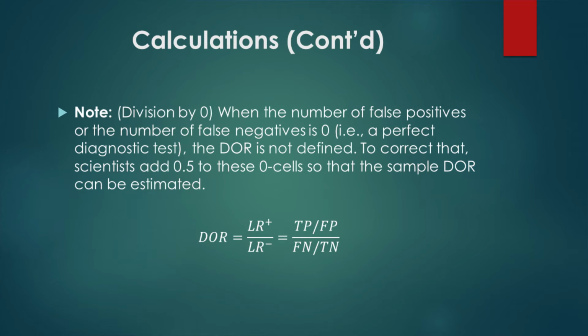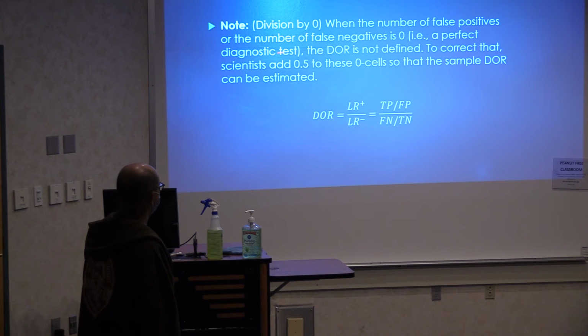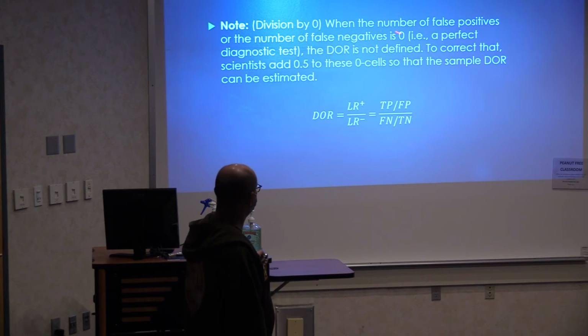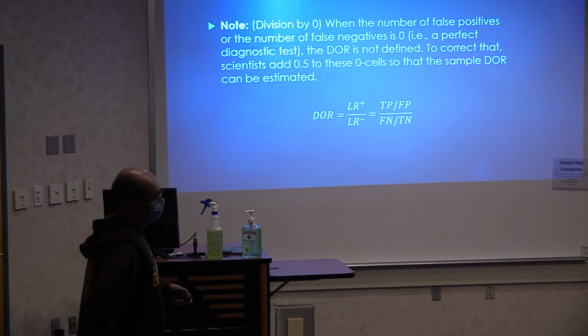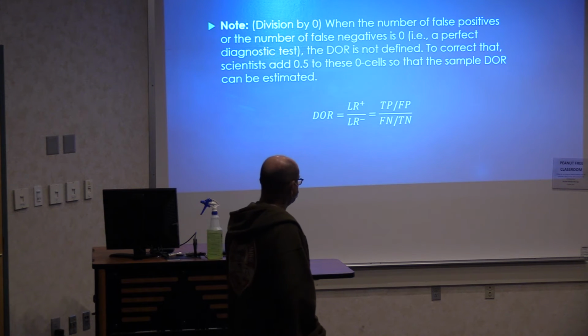Division by 0 could be tricky, right? We cannot divide by 0, as you probably learned in algebra. So when the number of false positives or the number of false negatives is 0, i.e. a perfect diagnostic test, the DOR cannot be calculated. We're going to end up with 0 over 0 right there. That is an issue.